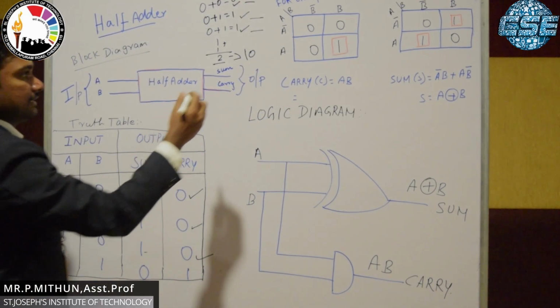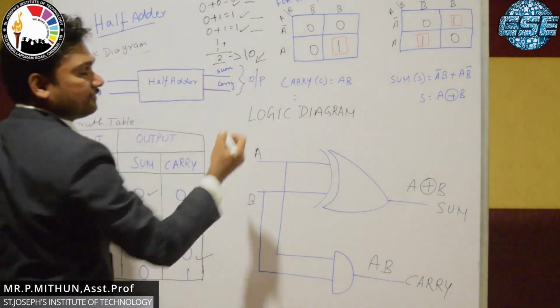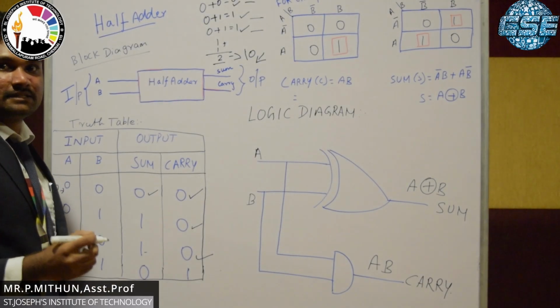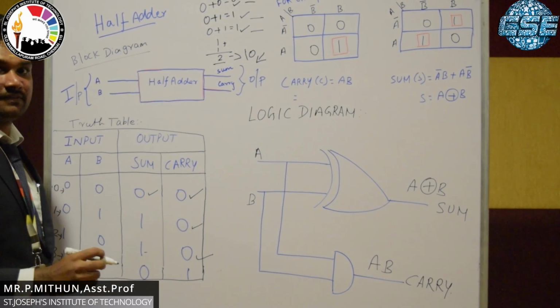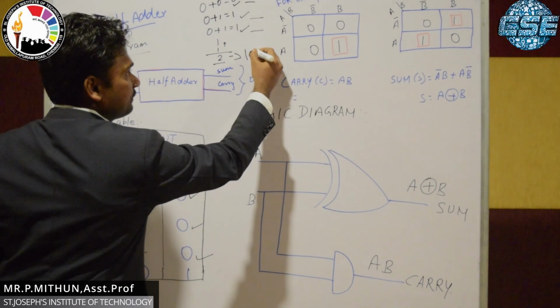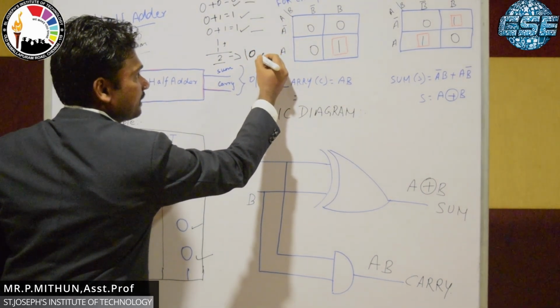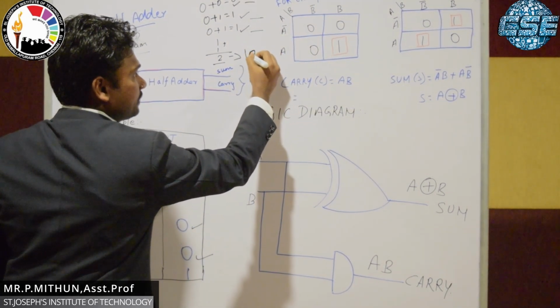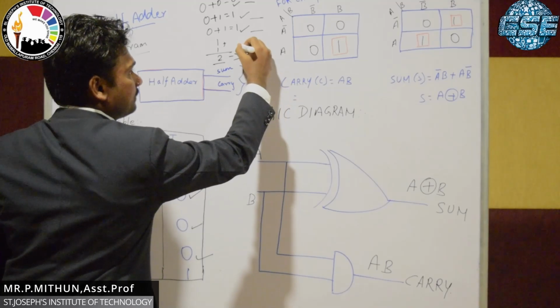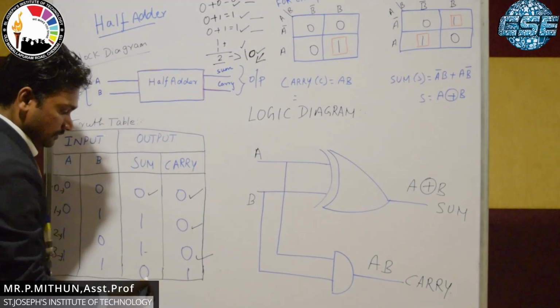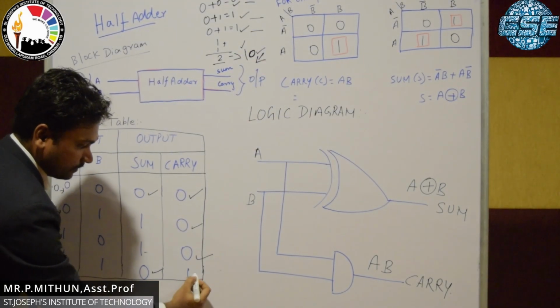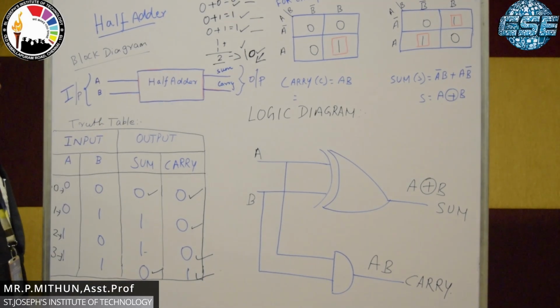From the logic of the digital circuit, we consider the most significant bit on the left position of the bits and the least significant bit. So 0 is the sum value and 1 is the carry value.